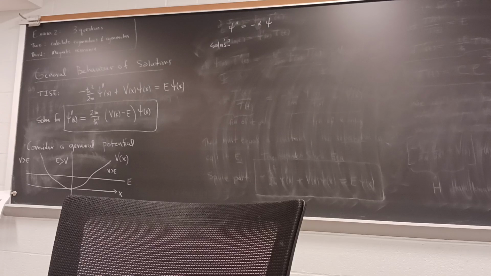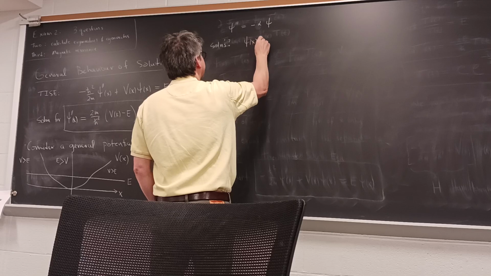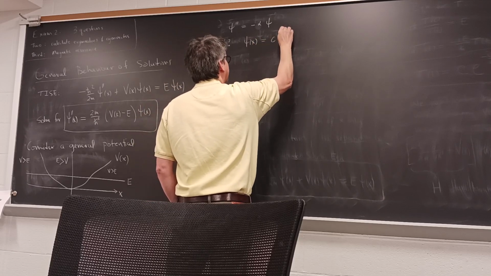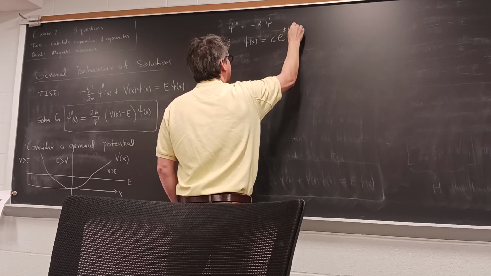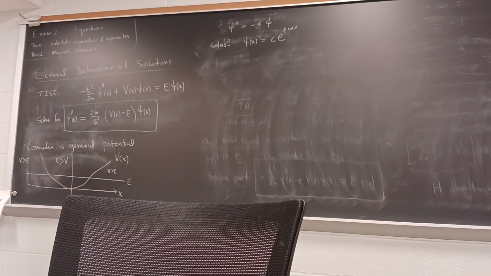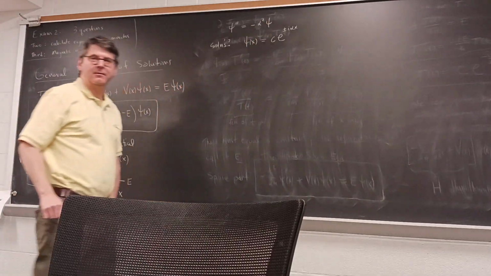There's the exponential. What kind of exponential? It would have to have an imaginary in the argument. Exactly. So psi of x is equal to some constant times e to the plus or minus I alpha x. I'll just put a square there.